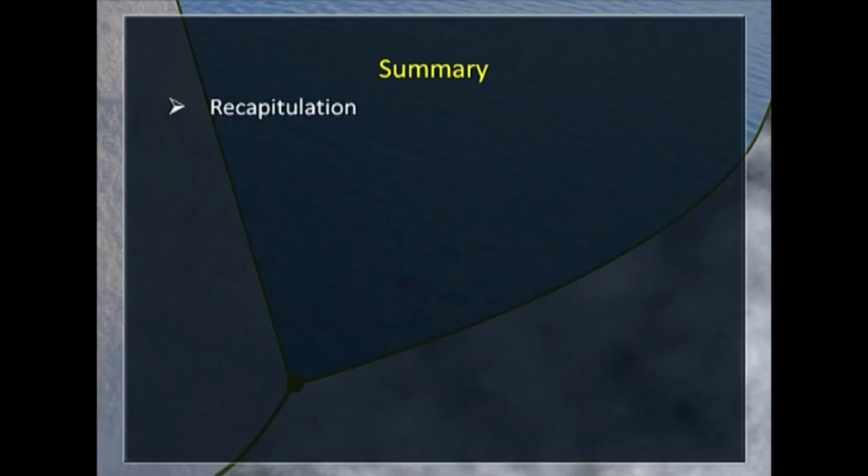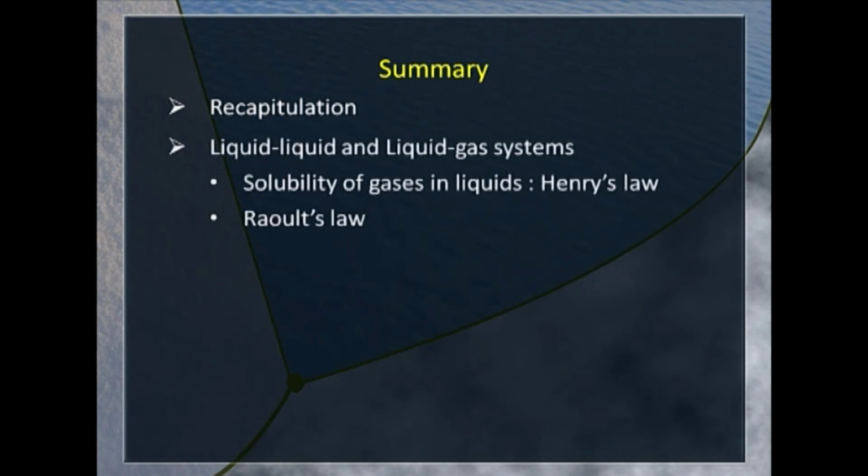Let me summarize what we looked at today. We recalled our earlier experience on the phase equilibria. Then we started with liquid-liquid and liquid-gas systems, in which we discussed the solubility of gases in liquids.